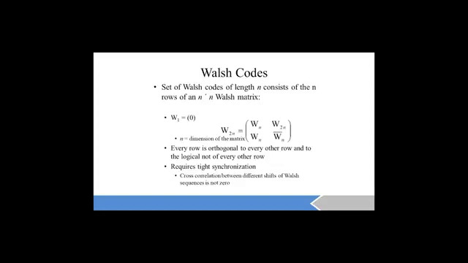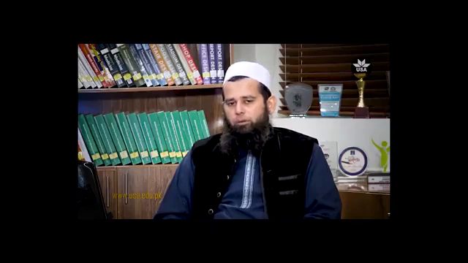That is, there are n codes each of length n. The matrix is defined recursively as follows: W1 is equal to 0, and W2n is equal to the matrix of Wn, Wn, Wn and Wn complement.